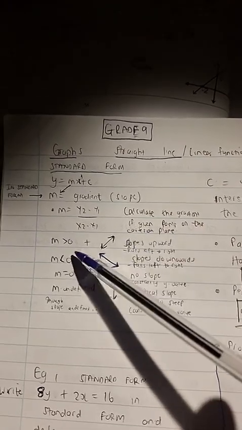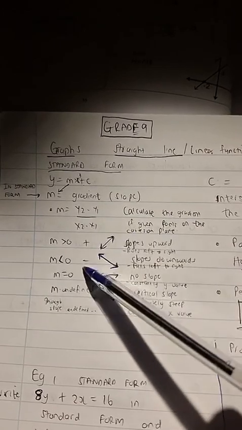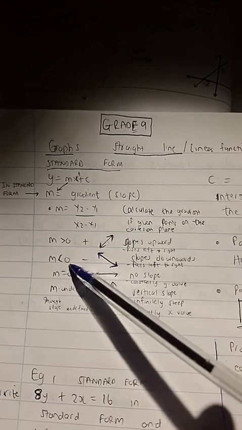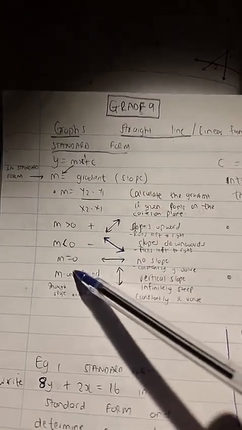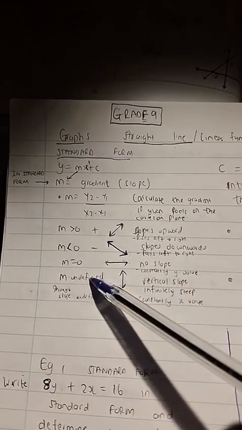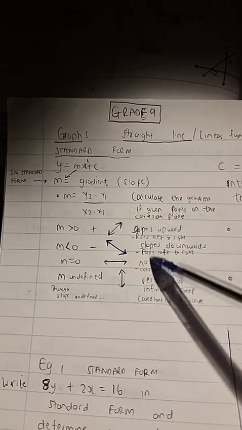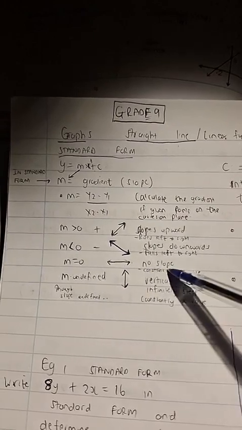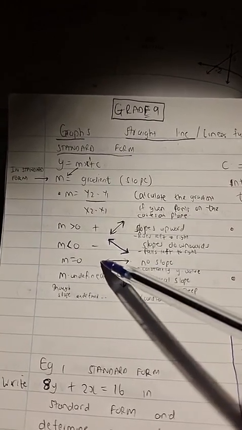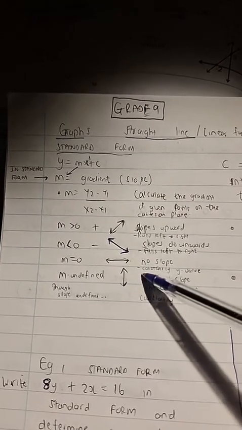Okay. Then we said that if m is positive, we're expecting a straight line that slopes upward. If gradient is less than 0, a negative, we're expecting a straight line that's sloping downwards. M is equal to 0, it's a horizontal line. M is undefined, it's a vertical line. And then these are just notes that give us further detail, for instance, a horizontal line has no slope, but your y values will be the same on this horizontal line.